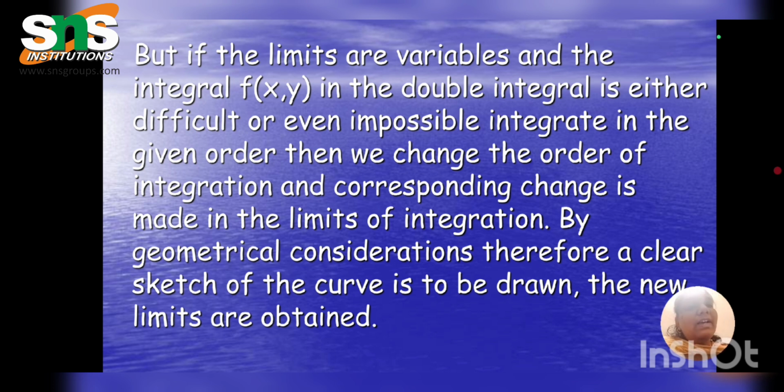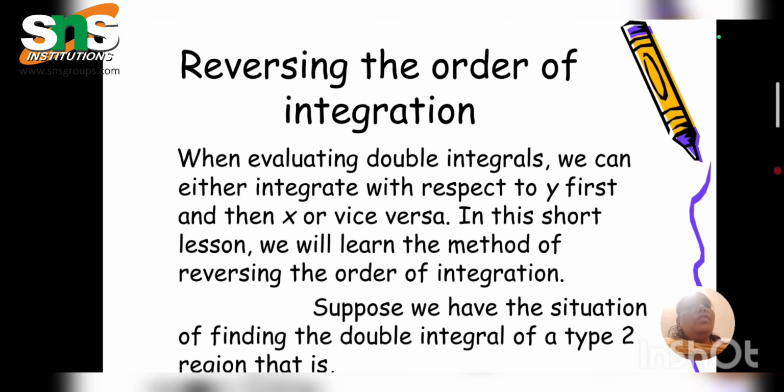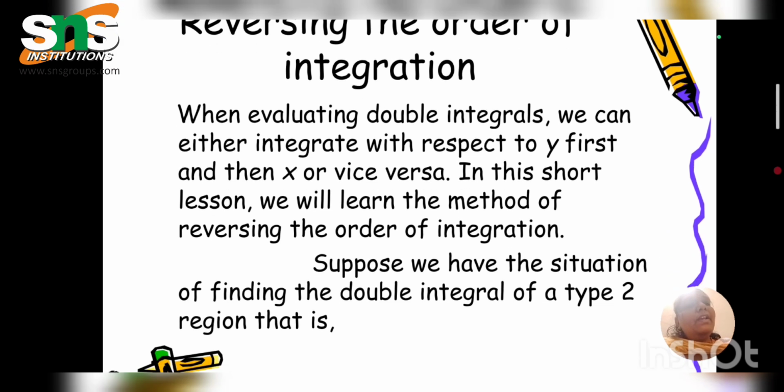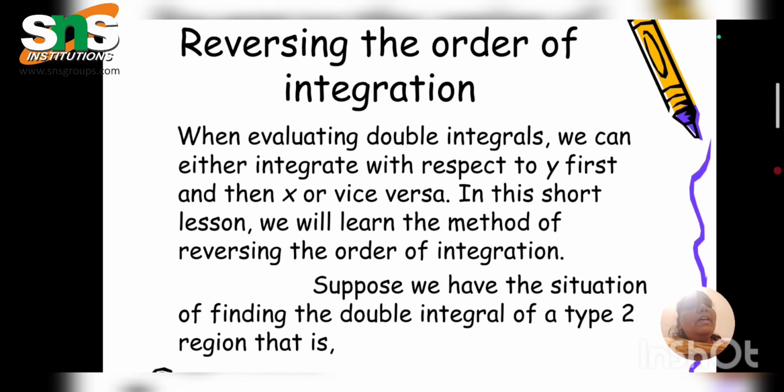By geometrical considerations, a clear sketch of the curve has to be drawn, and the limits are applied corresponding to the geometrical representation. So when evaluating double integrals, we integrate either with respect to y first and then x, or vice versa. In this short lesson, we will learn the method of reversing the order of integration.